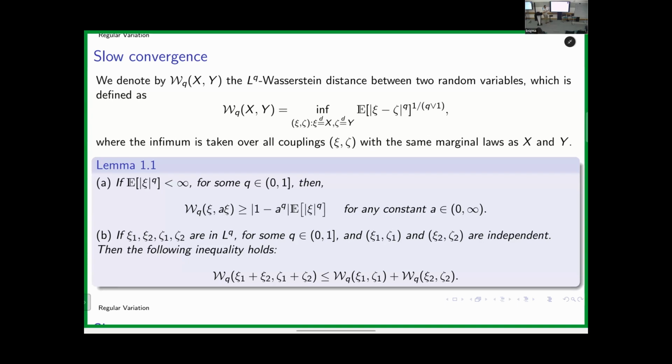It's not too hard to see or prove, and natural to believe, like a triangle inequality. This works because I'm taking an infimum over couplings, and the proofs follow relatively easily. For other metrics it's not as easy, but there are some similar results.